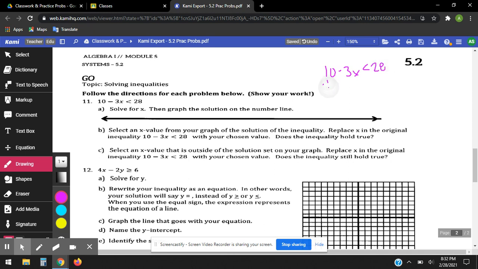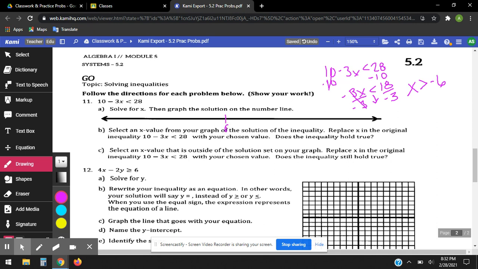Well, first I'm going to subtract 10, subtract 10. Those cancel. Negative 3x is less than 18. So divide by -3, divide by -3, those cancel. X, I have to flip my sign, is greater than -6.